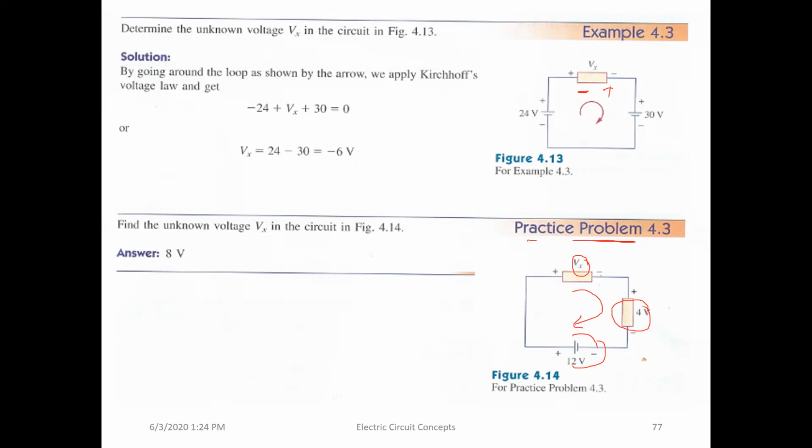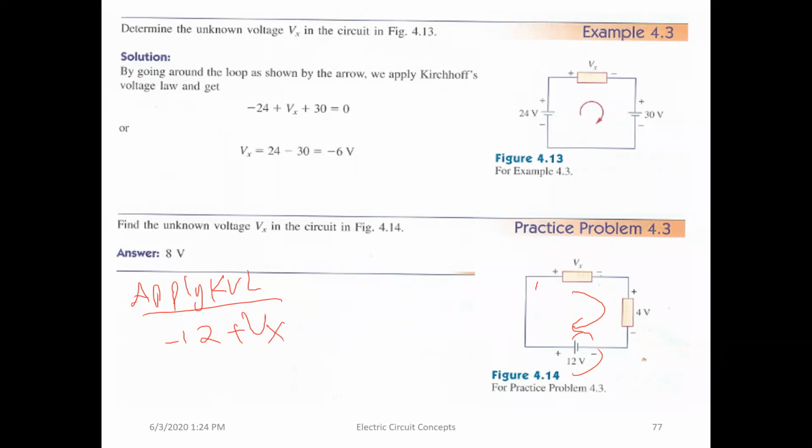Again, we will apply KVL. It doesn't matter where we start, let's start with the 12 volt. So the current is going to hit the minus, so it will be minus 12. And then the current here is going to hit the plus sign of the Vx, so Vx will have a plus sign, and then the current will hit the plus sign of the 4.